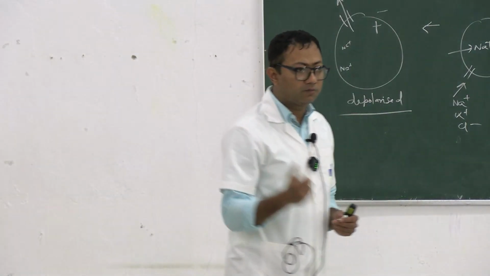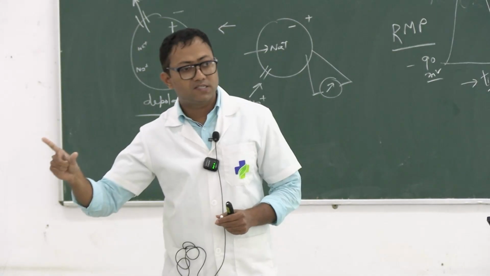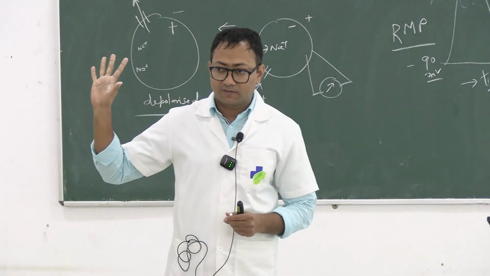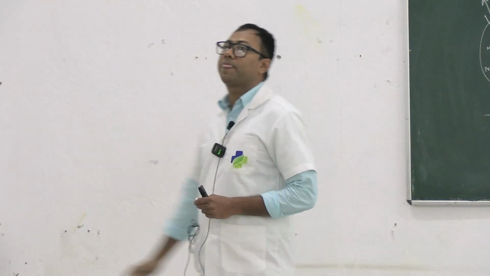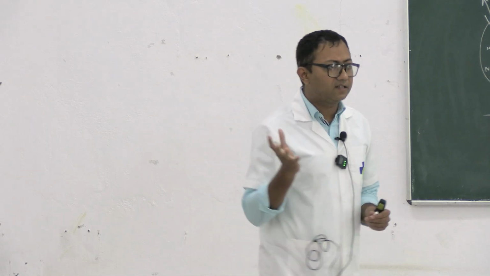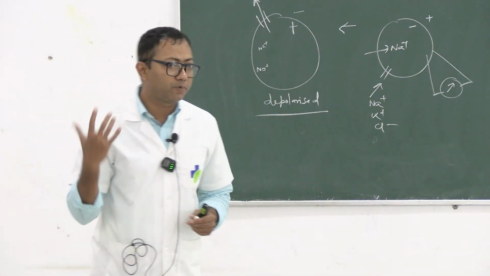So, questions for you: what is resting membrane potential, what is depolarization, what is repolarization, and what is hyperpolarization. Now, every animal cell maintains a potential difference across the cell membrane, and every animal cell has a resting membrane potential.